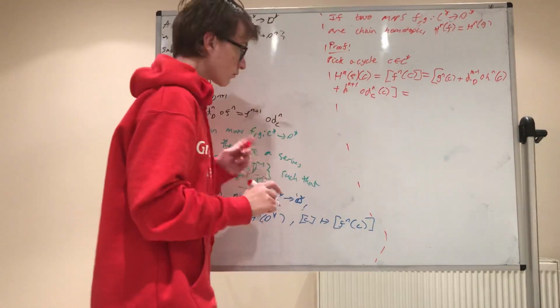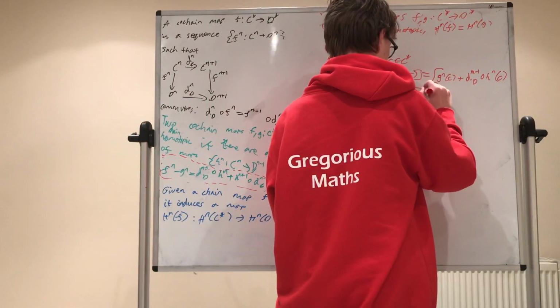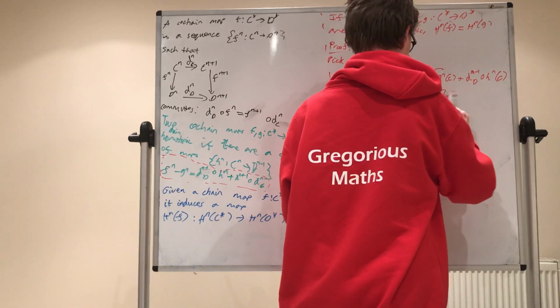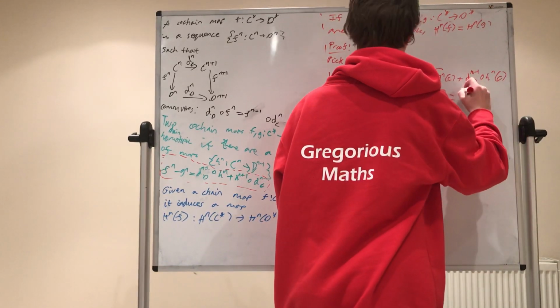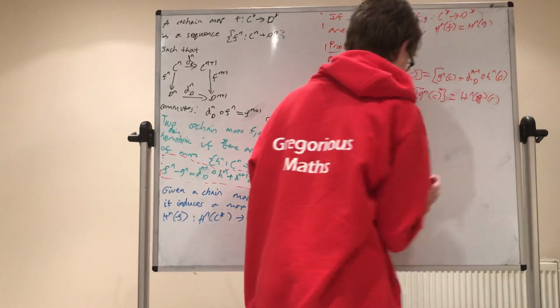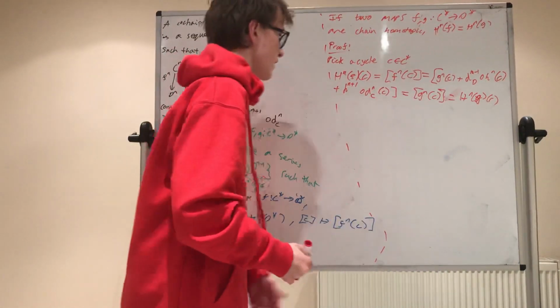Now this right here is going to give you the equivalence class of Gn of C, which is of course equal to Hn G C. But why is this equality right here true?